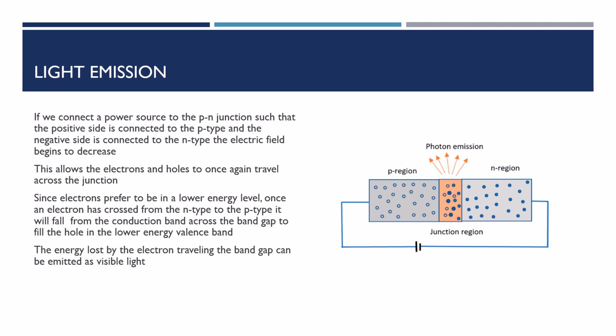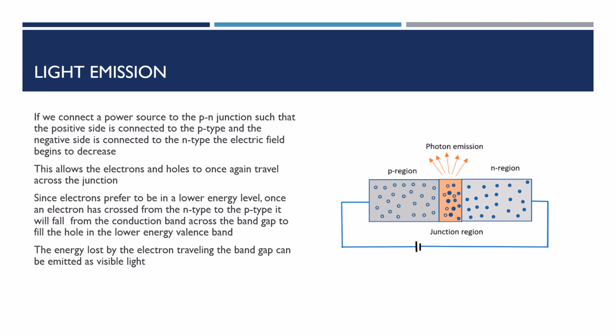Now, if we take this p-n junction and connect a power source to it, such that the positive side of the battery is connected to the p-type semiconductor, and the negative side of the battery is connected to the N-type semiconductor, note that this is also known as a forward bias. We begin to see the electric field decrease, which allows the electrons to once again cross the junction from N-type to P-type.